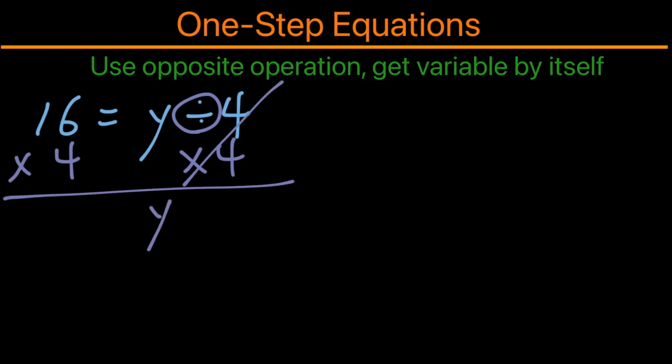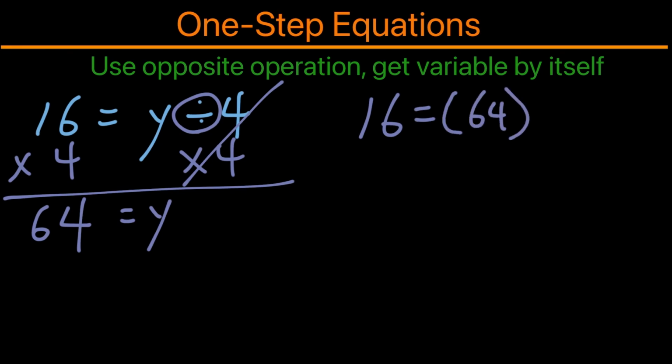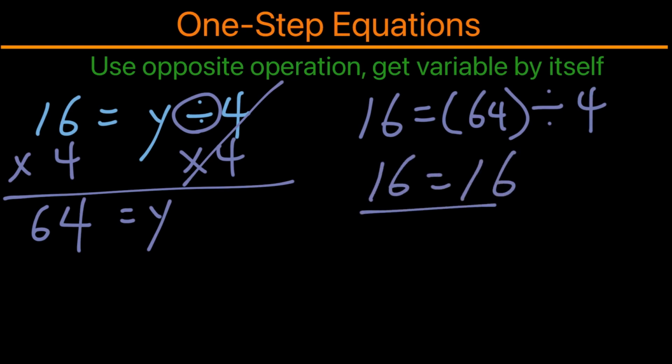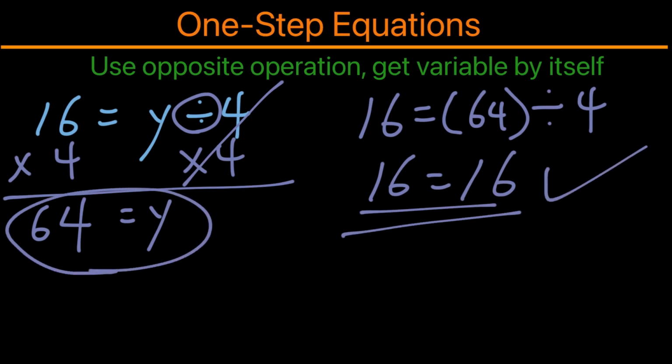We bring down the y. 16 times 4 will become 64. Now to check, 16 equals 64 divided by 4. So 64 divided by 4 is 16. So this checks out. And that is the right answer. So y equals 64 is the answer in this case.